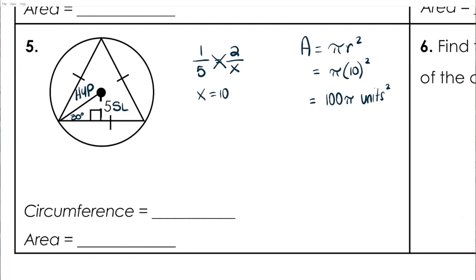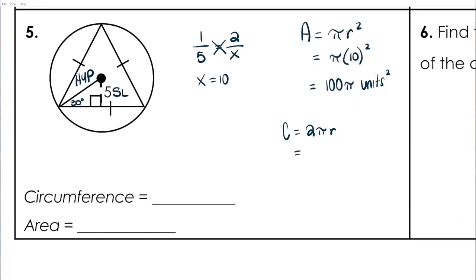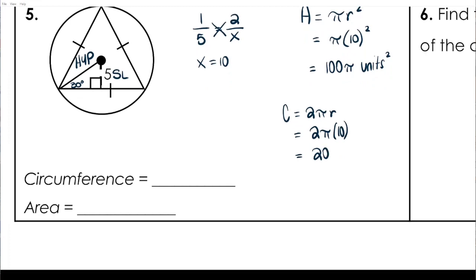They know where all the good stuff is. Okay. And then circumference is 2 pi r. Again, I'm using r here because I don't automatically have the diameter. So 2 pi times 10 is 20 pi units.